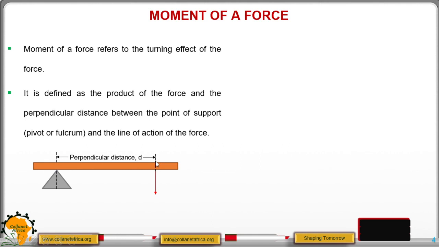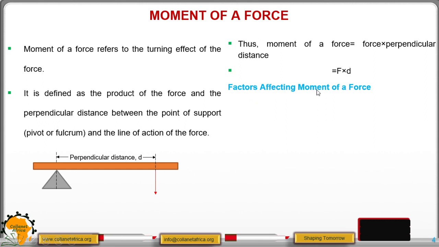Therefore, if you want to know the moment of a force, you take the magnitude, or the size, of this force multiplied by the distance from here to here. Thus, the moment of a force is equal to force times perpendicular distance from the point of support to the line of action of this force. Therefore, we have force times distance.